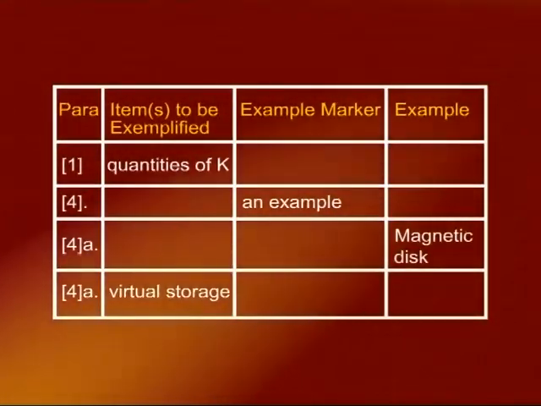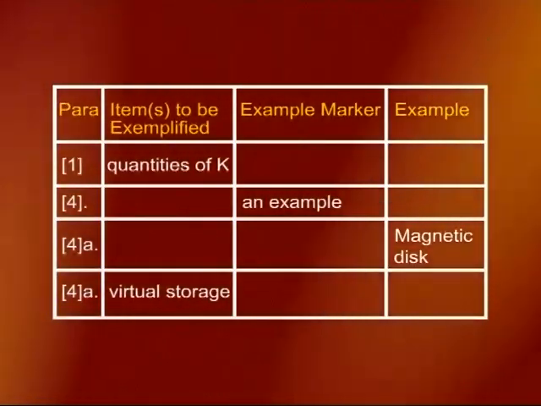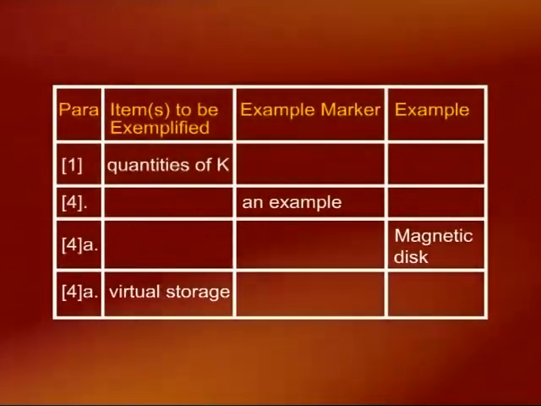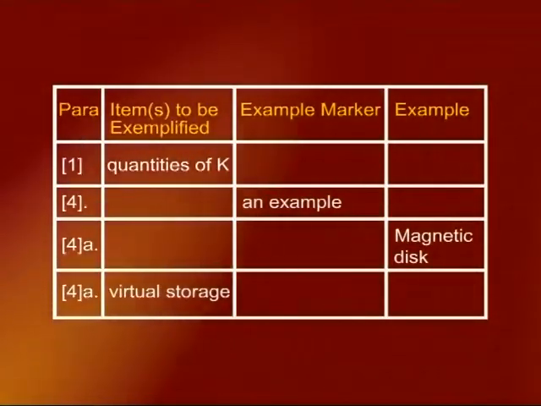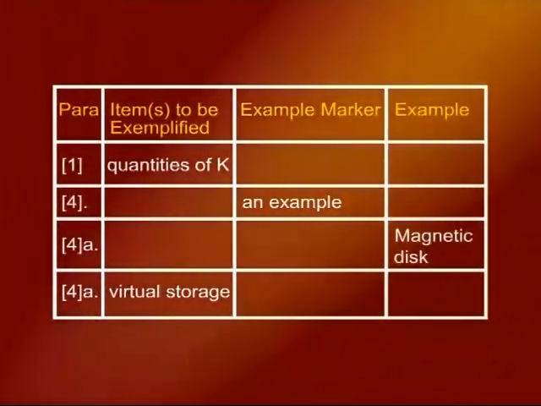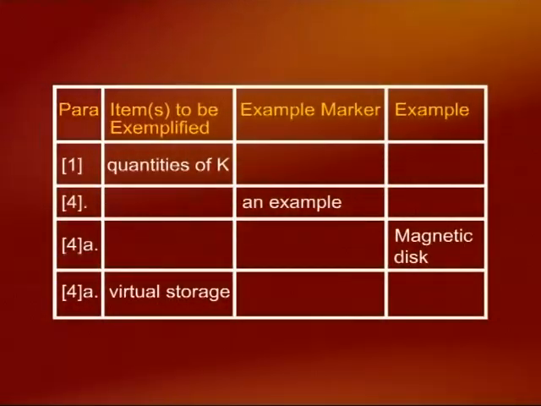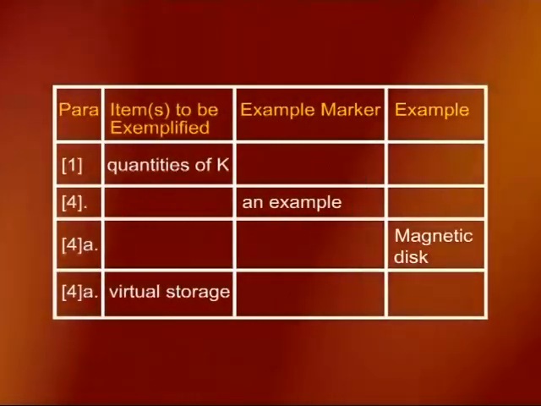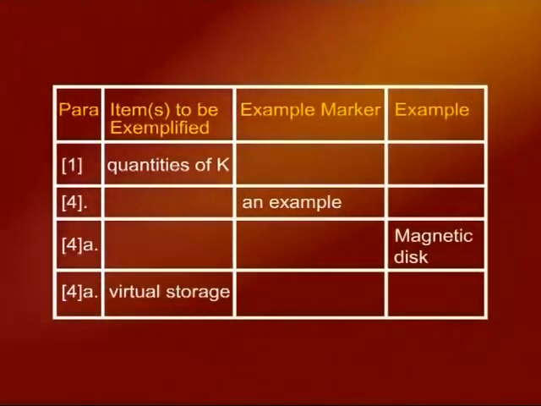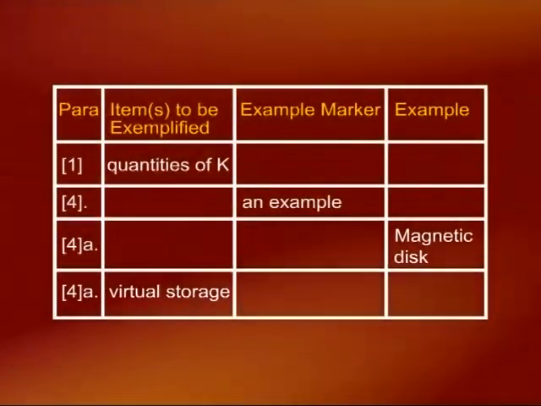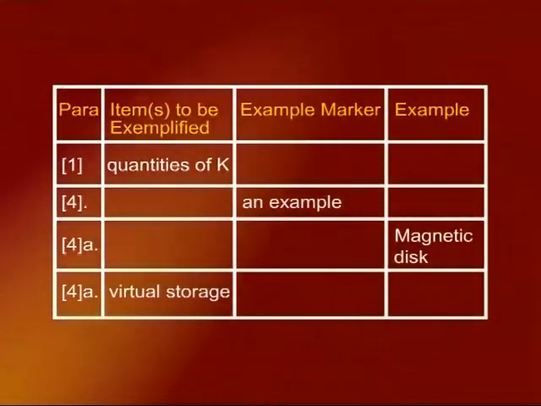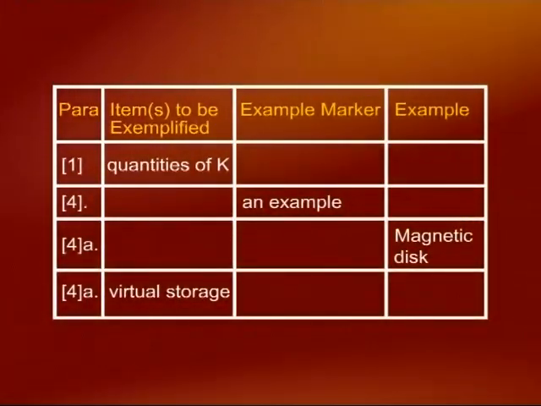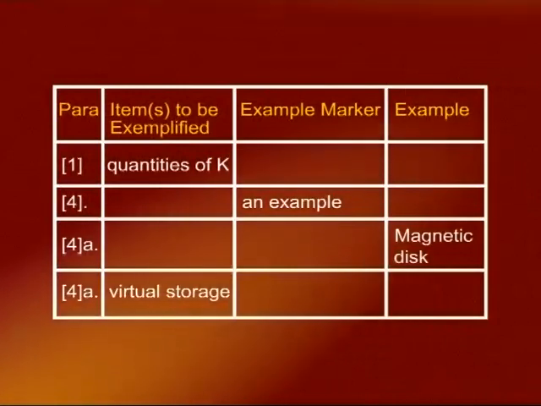In the same paragraph, you will find an example given to you. The example is magnetic disc, and you have to locate the item and then the example marker. The item is random access devices and the marker is an example. Notice sometimes it is an example, sometimes it is for example.